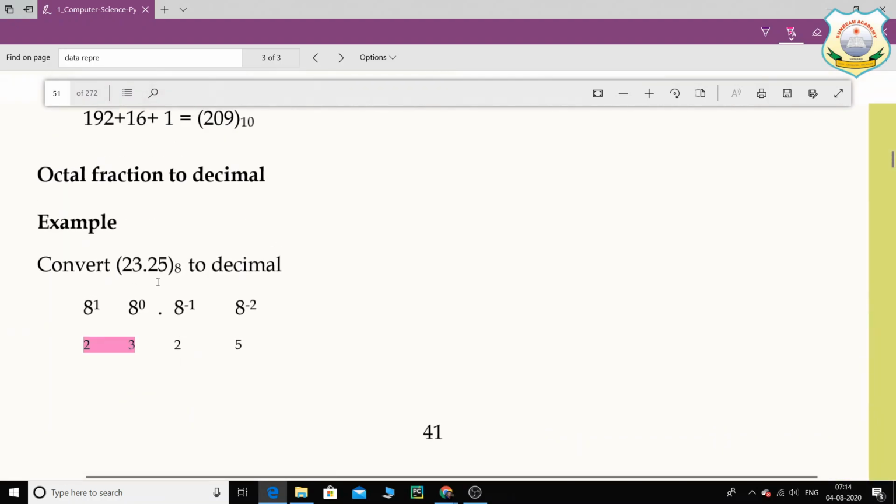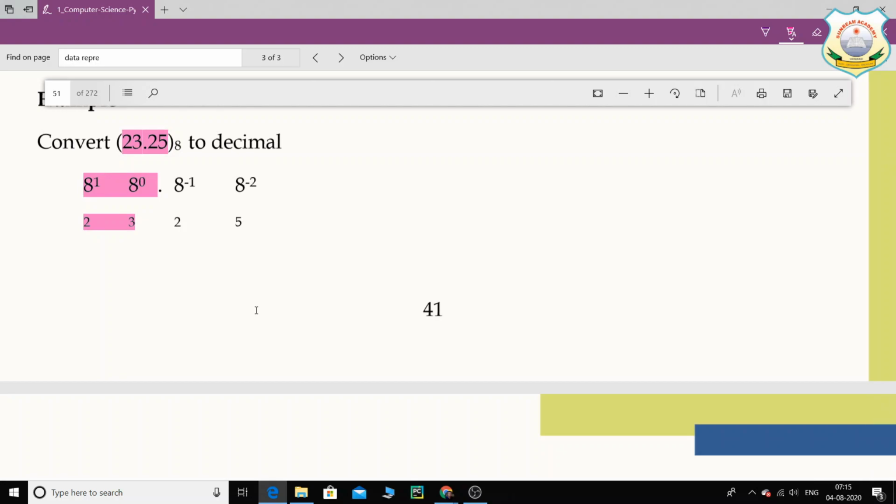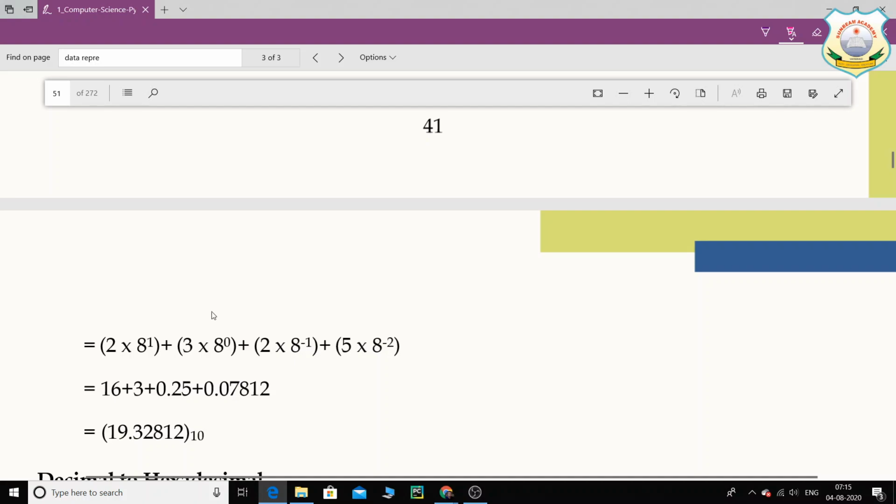And for the fractional part, the same procedure. This will be 2 into 8 raised to minus 1. So this is 1 by 8. And for 5 it is going to be 5 into 8 raised to minus 2. So this is going to be 1 by 8 raised to 2, isn't it? So if you see, children, this is the calculation that they have done.